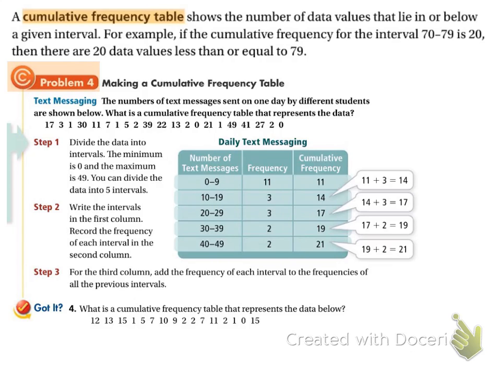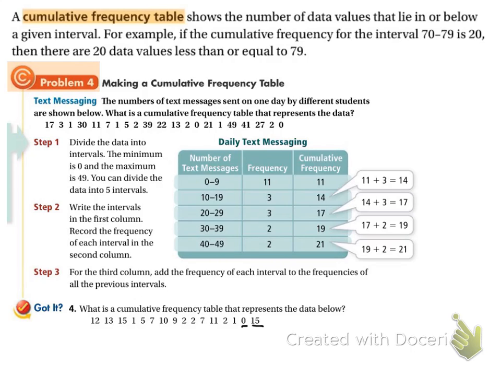So let's use the data down below to make a cumulative frequency table. So our smallest number is 0, and our biggest number is 15. So let's go up by, how about just 5s? Does that sound good?